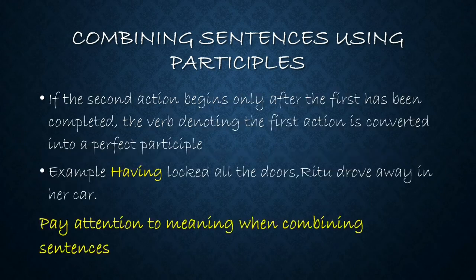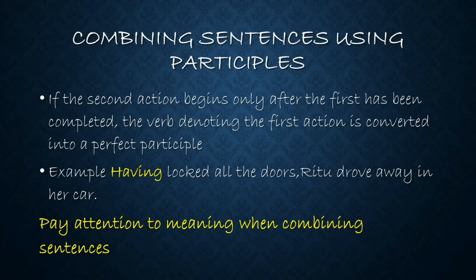If the second action begins only after the first has been completed, the verb denoting the first action is converted into a perfect participle. Example: having locked all the doors, Ritu drove away in her car. This sentence clearly indicates that Ritu drove away only after locking all the doors.